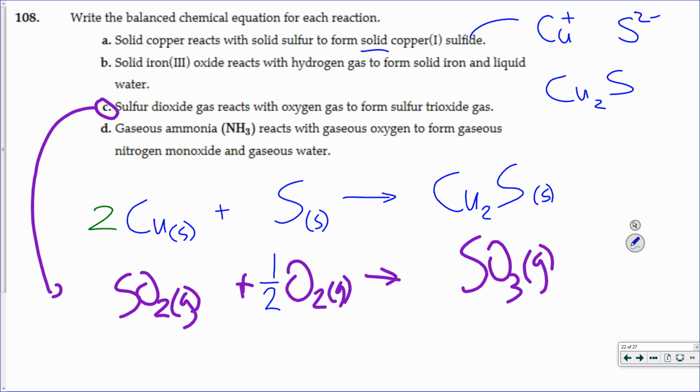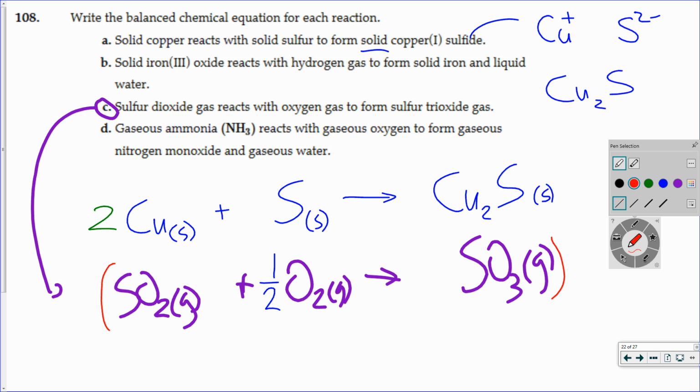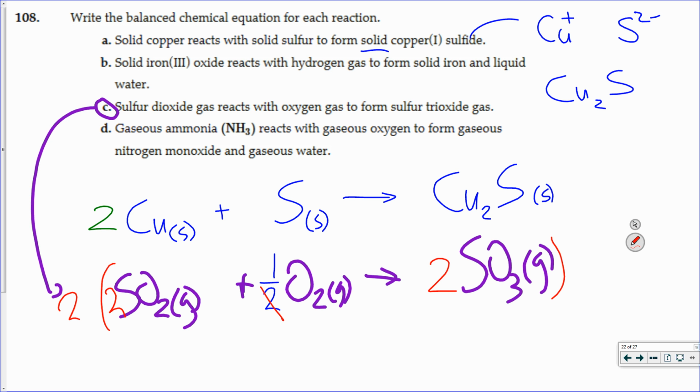So that would give me 3 oxygens. But if we get rid of our 1/2 by multiplying everything by 2, we're going to be to where you're suggesting. So multiply everything by 2. That just becomes 1. So now it becomes 2 to 1 to 2.